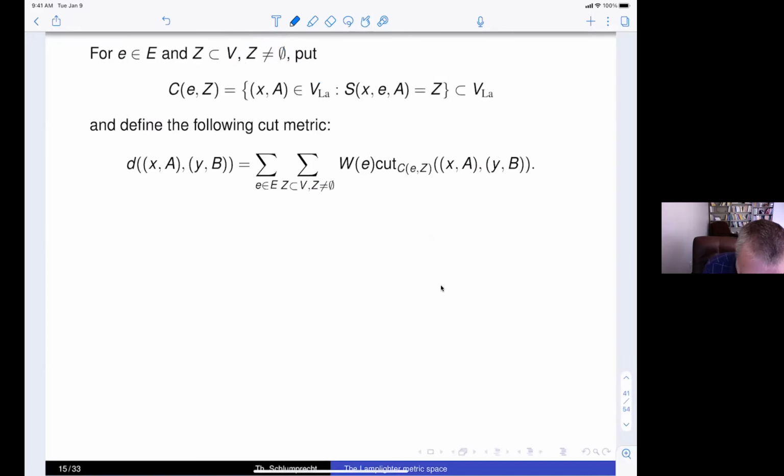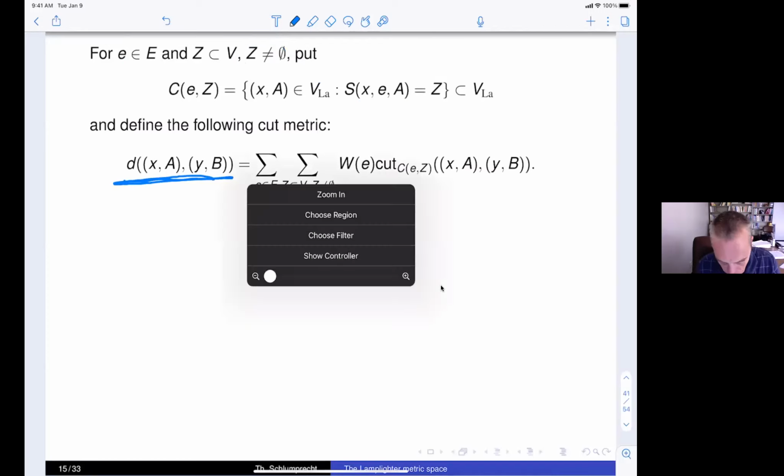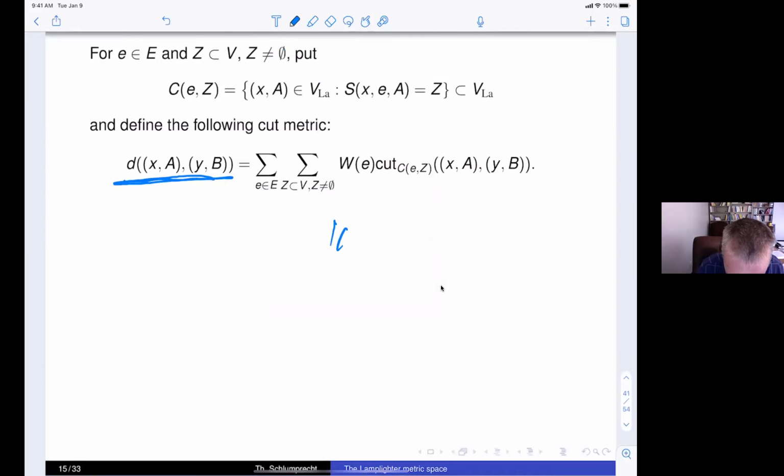And then you add up, you're taking the cut with respect to these sets. Your lambda will be the weight of E, and then you sum up over all subsets which are not empty, and then over all E.